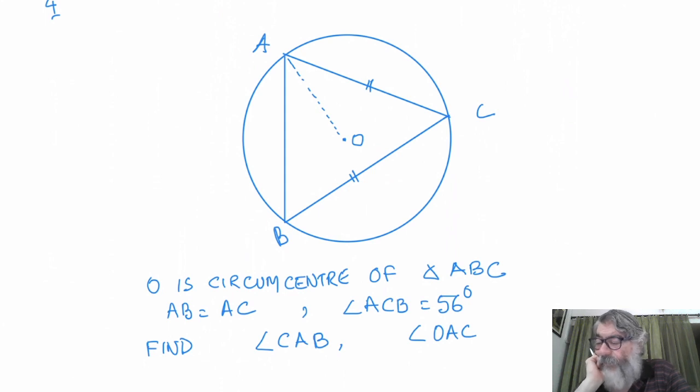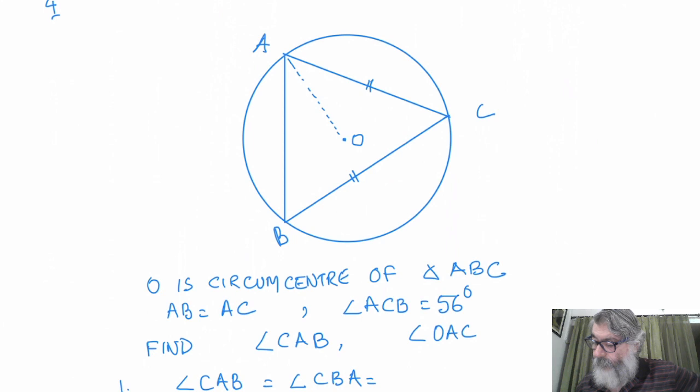That we can find very easily, there is no problem, because please remember, CAB will be equal to CBA, which will be equal to (180 minus 56) divided by 2.